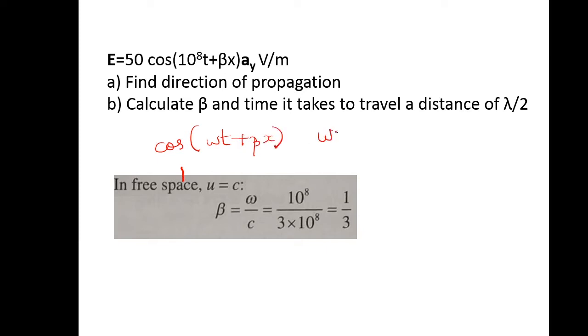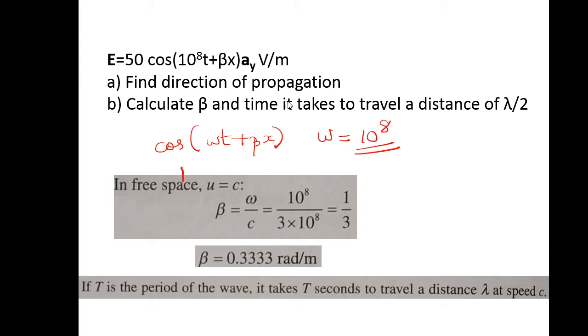From here the omega value is 10 raised to 8, and c is given, so you write 10 raised to 8 divided by 3 into 10 raised to 8. You will get beta as 1 by 3. So omega by v, as it is free space, you substitute v as c, which is 3 into 10 raised to 8 meter per second. So you got beta, and the unit is radians per meter.